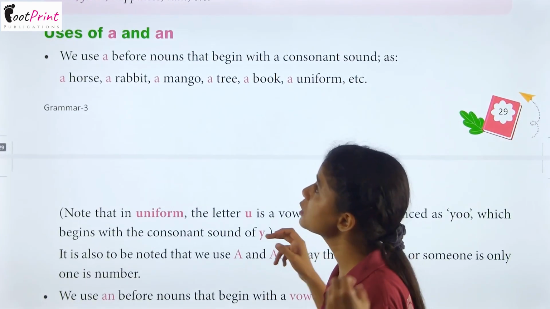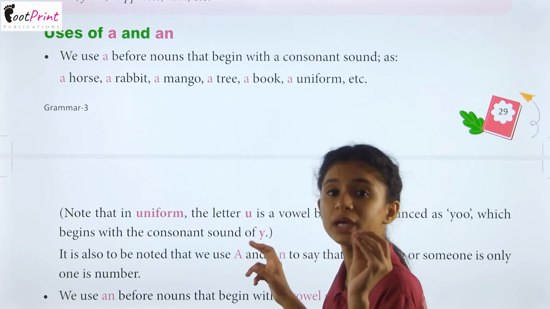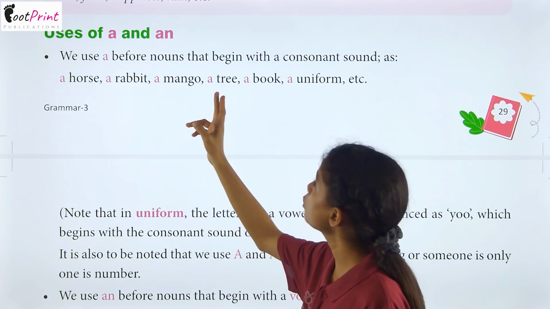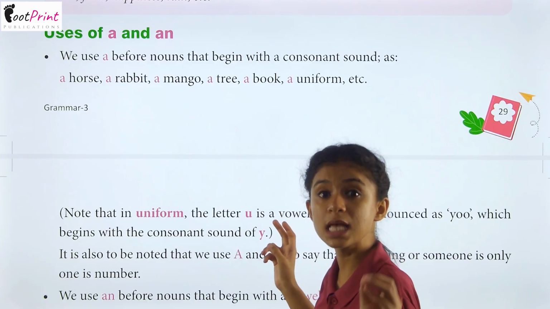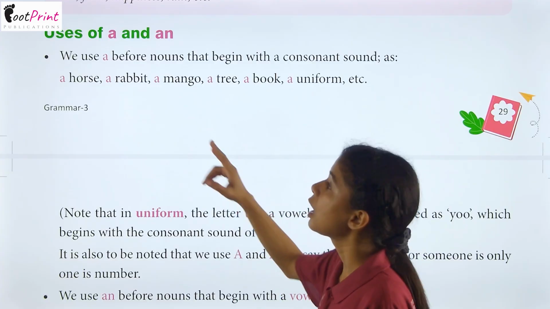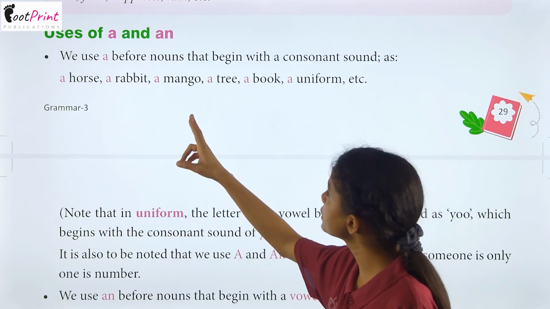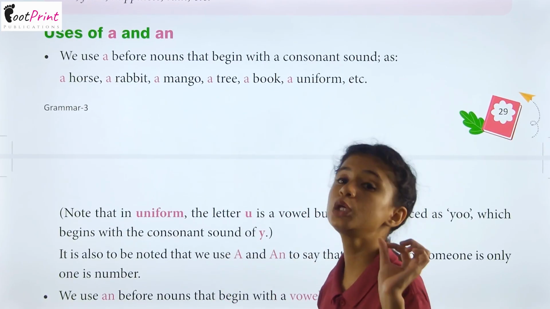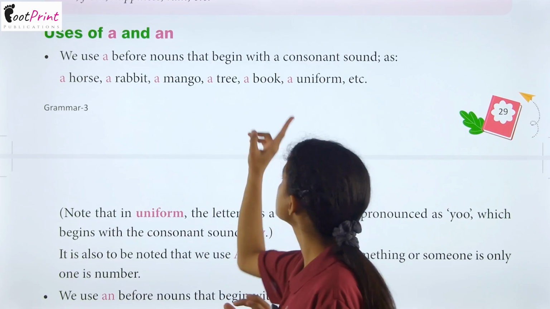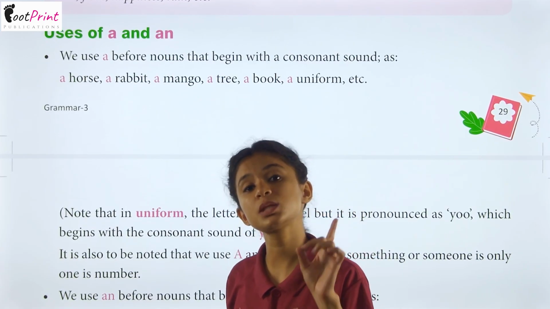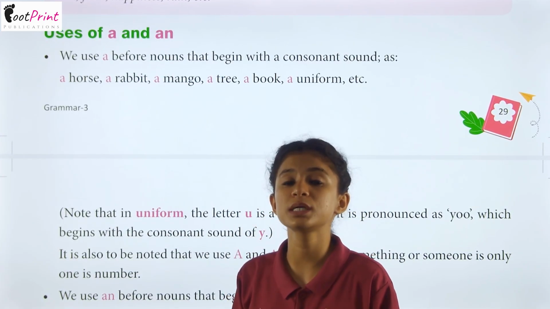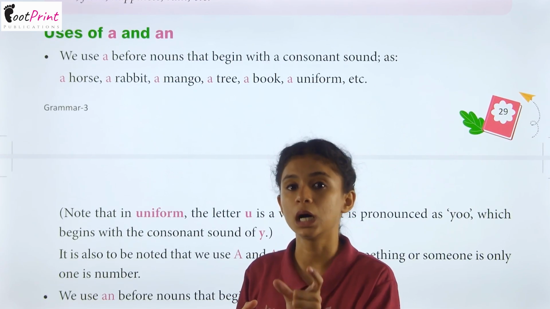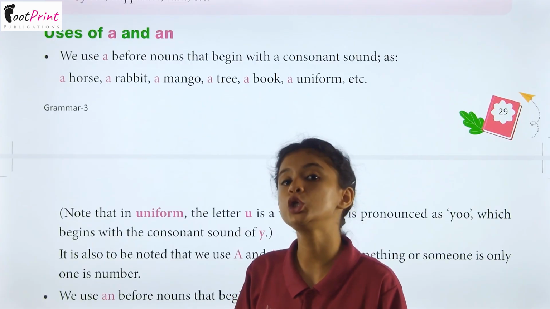Now let us see what the uses of a and an are. We use a before nouns that begin with a consonant sound, as a horse, a rabbit, a mango, a tree, a book, a uniform. The word uniform starts with a vowel, but the sound is of a consonant. It is not the sound of U, it is the sound of Y, uniform.